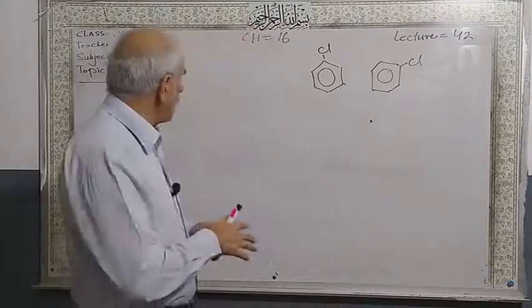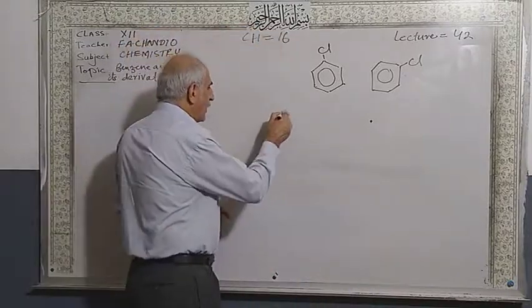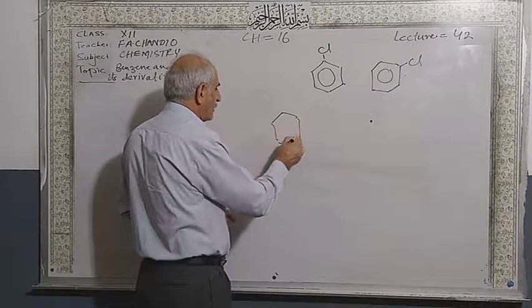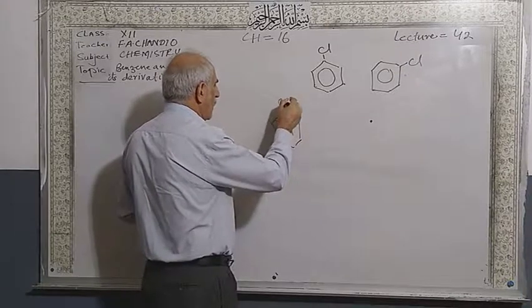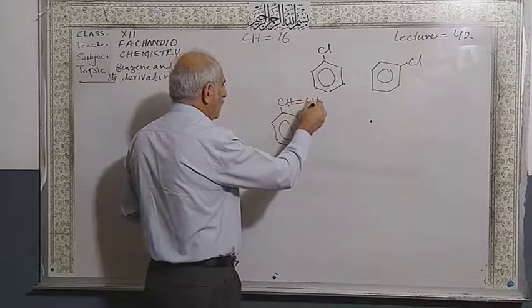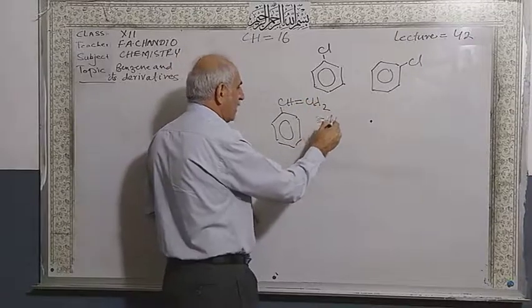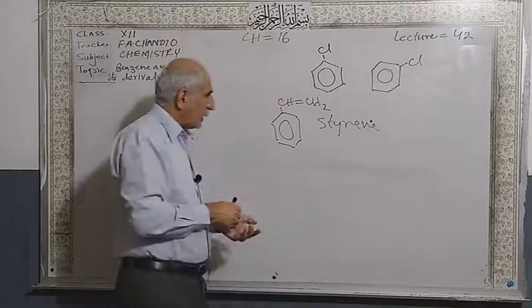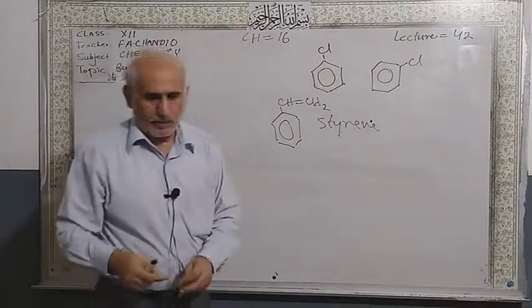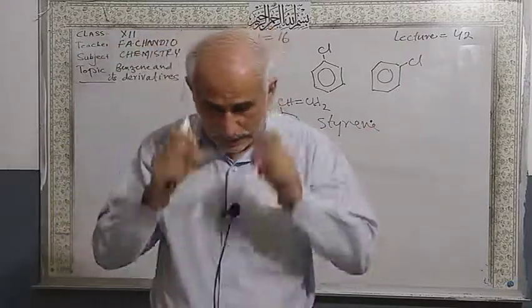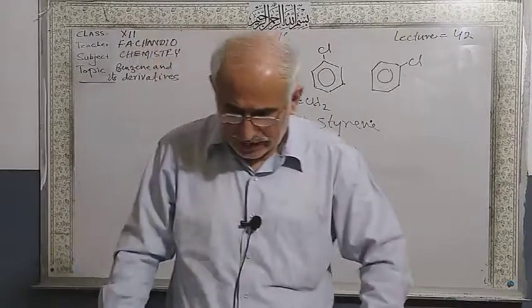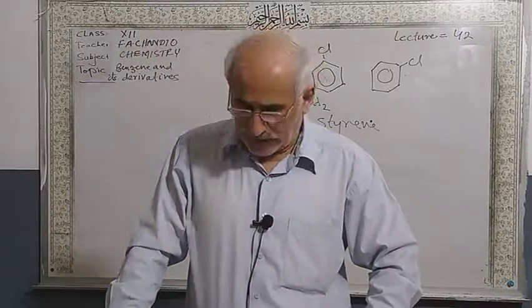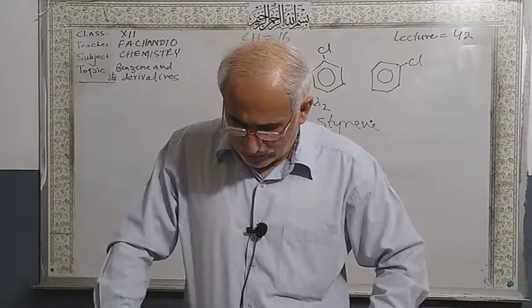If you put an alkene here, this is called styrene, or ethylene benzene. If you put NO2, we call nitrobenzene, bromobenzene.